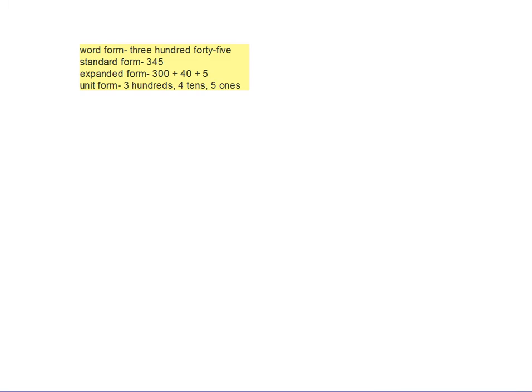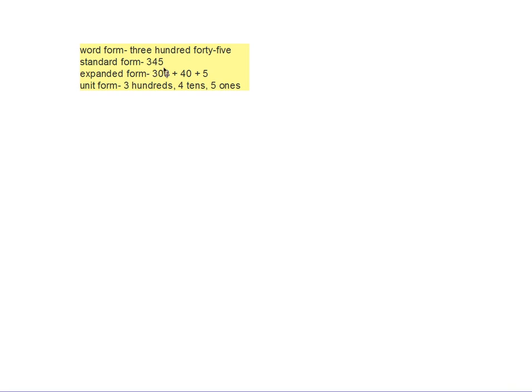So what have we looked at? Well, we have word form, and that's how we're going to see the number written oftentimes. And the students know that that doesn't always make sense to them when they just read it that way. When they see it in their head, they see it in standard form. They see it as 345.